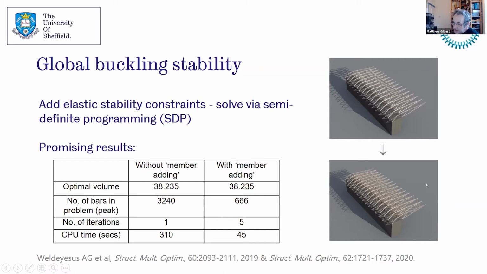If we introduce the new stability constraints, then we end up with a series of diagonal members between those planar trusses, and we end up with a much more robust structure. And the way we've solved it is using also the member adding technique that I mentioned in an earlier slide with good effect. So we're able to get an order of 5 or 6 times speed up, and also reduction in the number of bars and hence in the memory footprint.